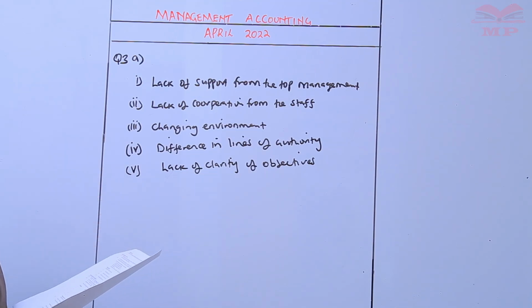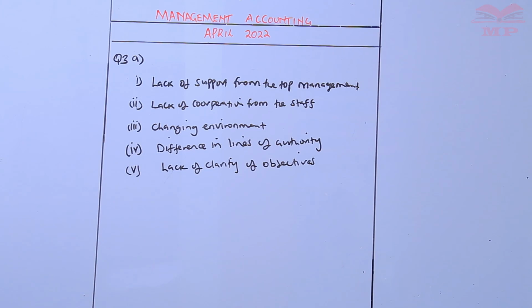The Roman 2, lack of cooperation from the staff. Sometimes if that installation of the system is something that is to bring some changes, some staff may resist that change, and when they resist that change, they will not cooperate, and therefore, like when it comes to training, they may not be ready for the training, and it will drag the process of installation. Then changing environment.